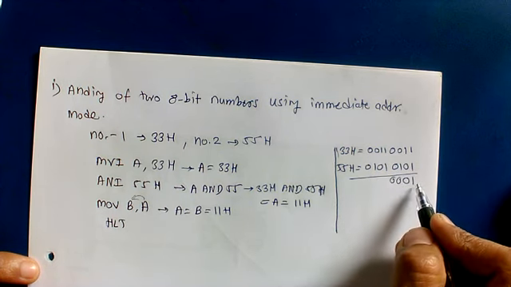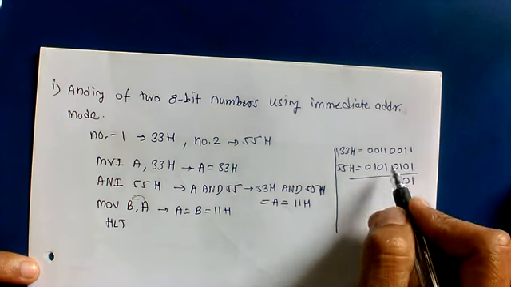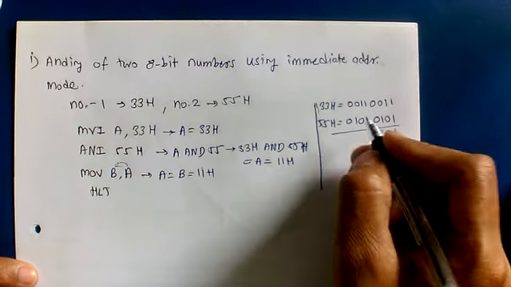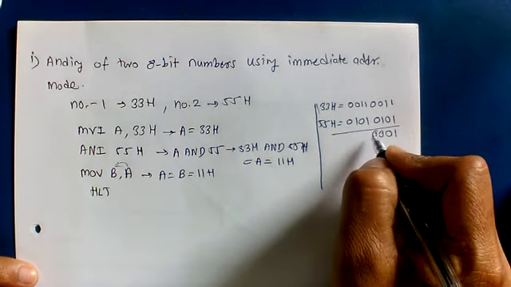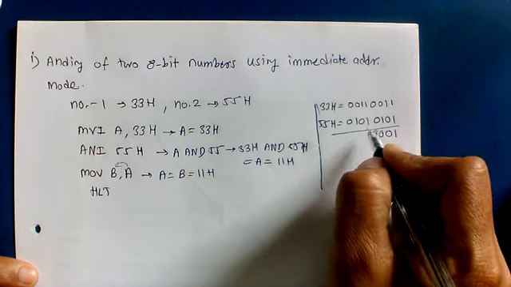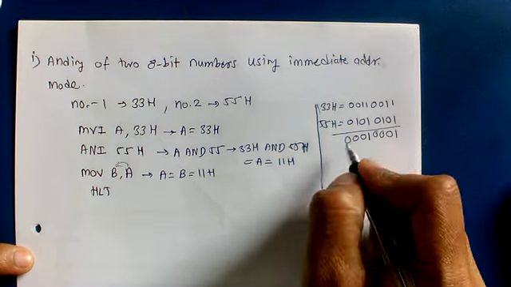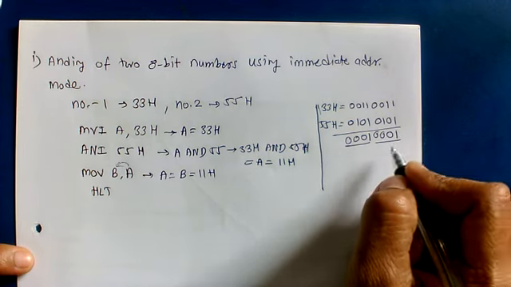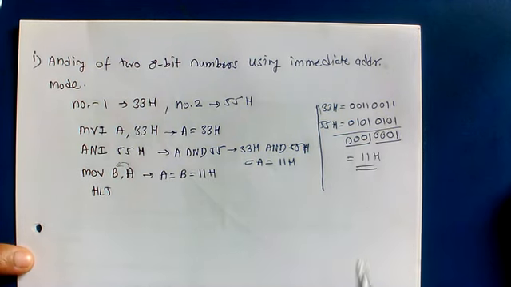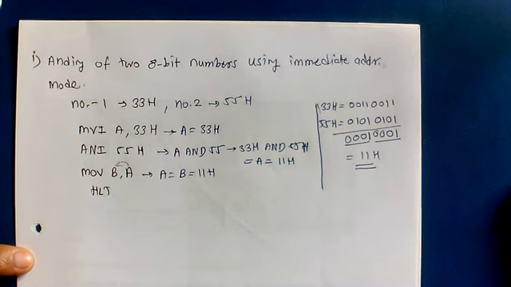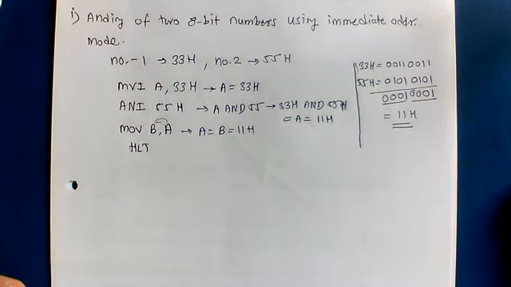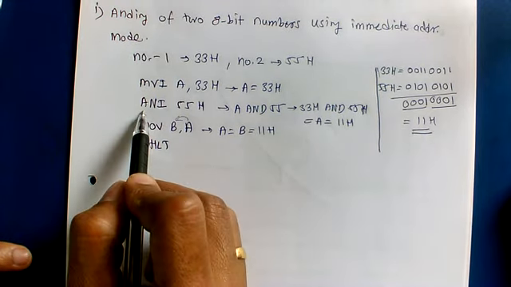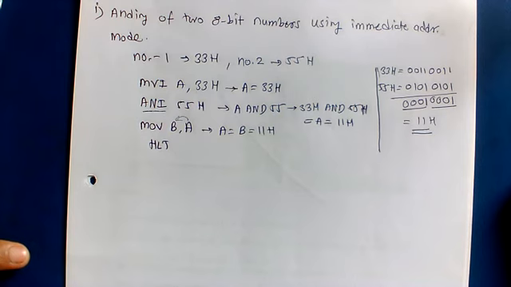So at the lower nibble you will get 1. In the same way in the upper nibble, 1 ANDed with 1 you will get 1, and everywhere else you will get 0. So you get the answer 1 and 1, that is 11 hex. So this is the program for the ANDing operation by using immediate addressing mode.